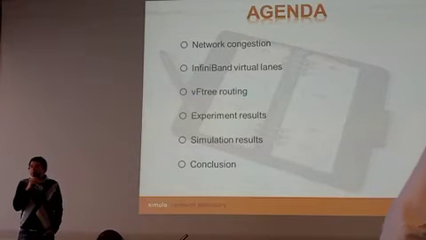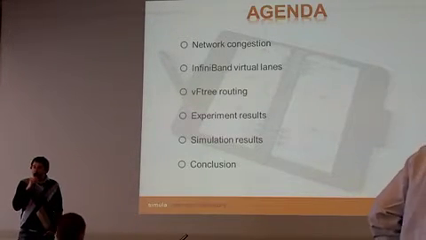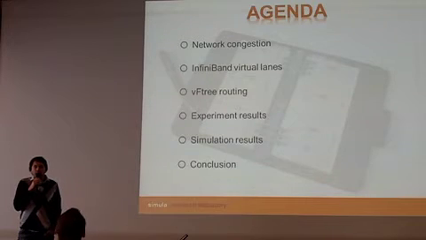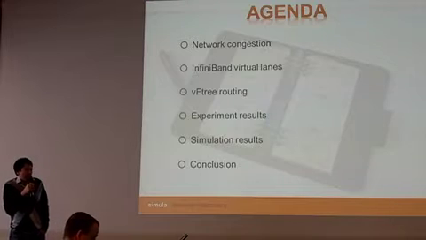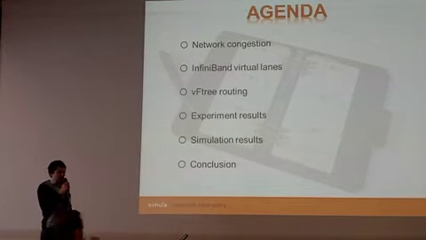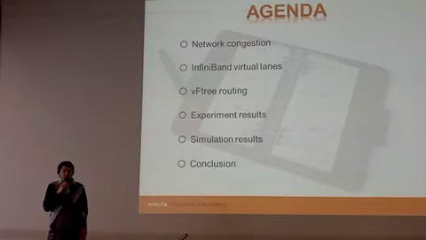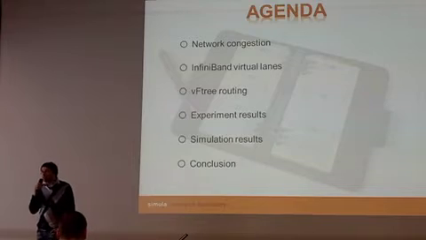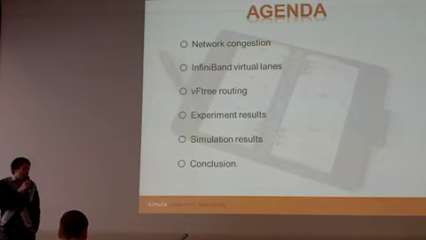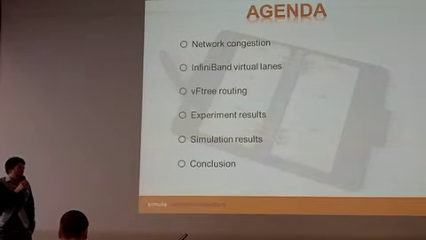Then I will talk a bit about virtual lanes and how this can help us to avoid or to reduce congestion. Then I will briefly present the proposed vFtree routing algorithm that we have prototyped in OpenSM, followed by some experimental results and some simulation results testing this prototype.